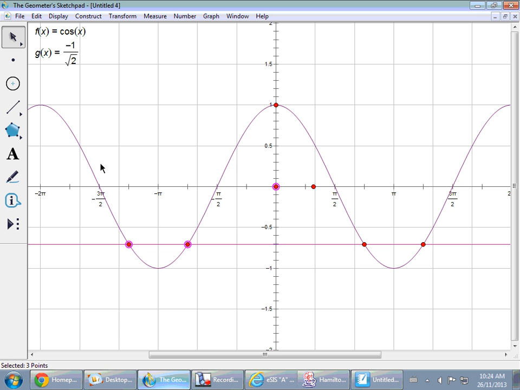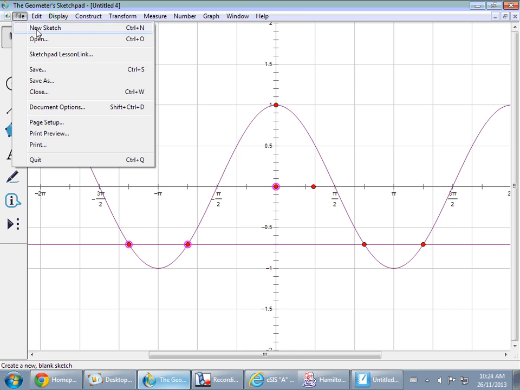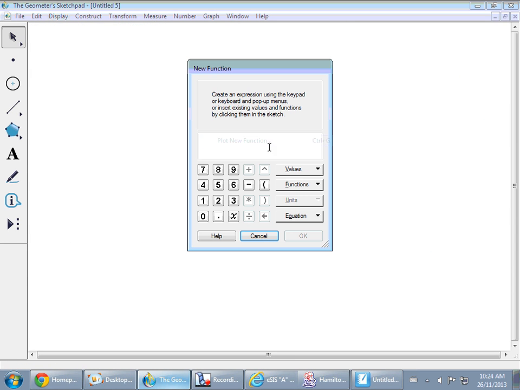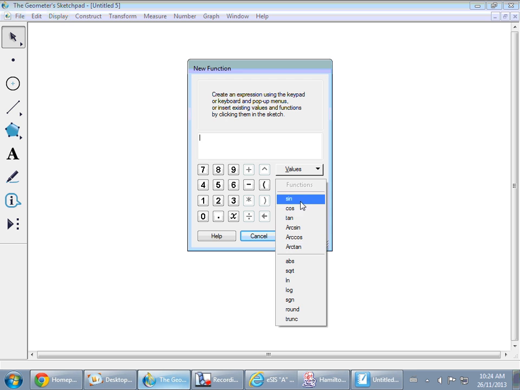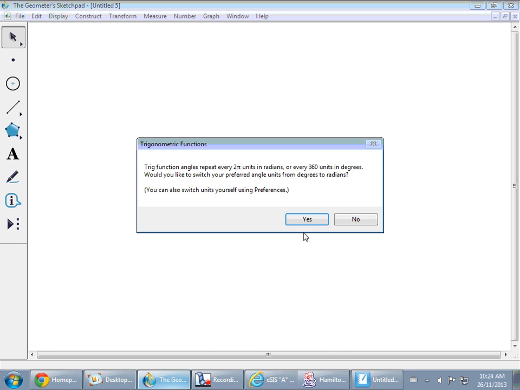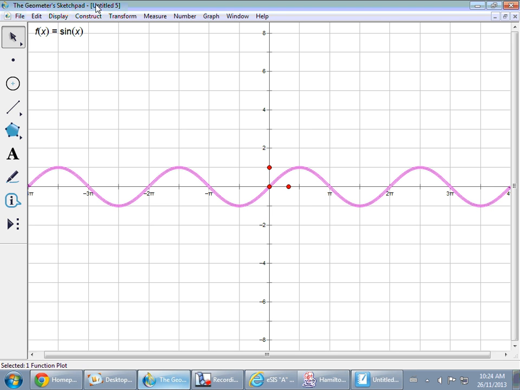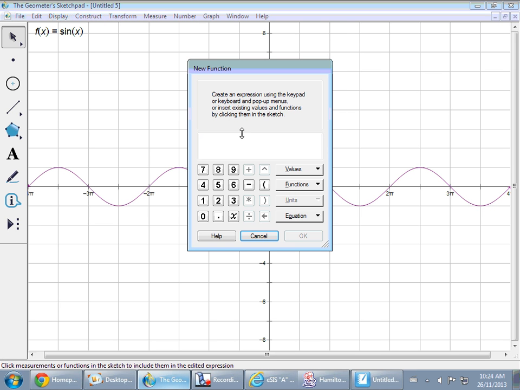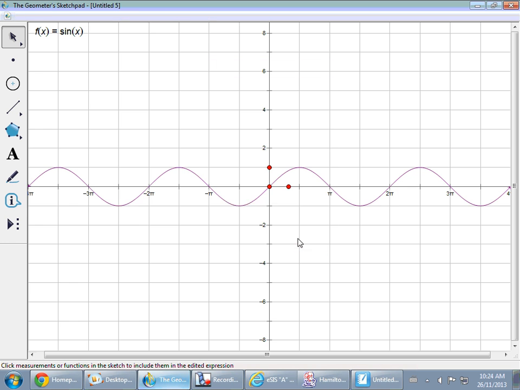Just want to show you. I go back to the sketch, graph my sine curve. So there's my sine curve. Graph my value, which was negative square root 3 divided by 2.